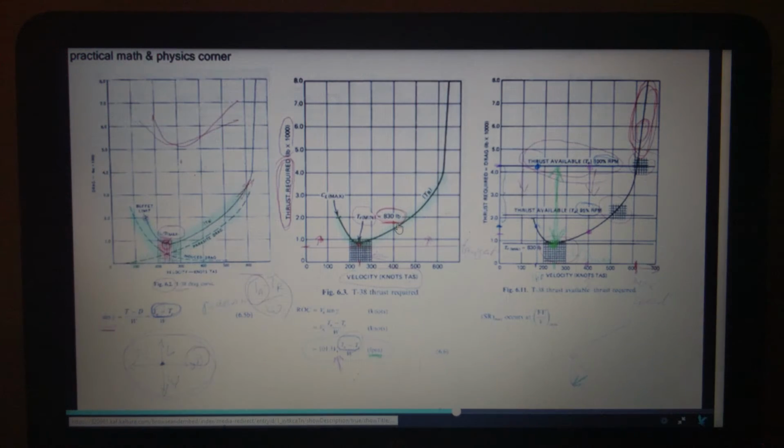And for those two, the important part here is again thrust available versus thrust required. The other part that goes in with those two is the relationship between fuel flow and thrust. In general, for the jet, we will assume that thrust is directly related to fuel flow, which is fairly accurate actually from practical experience.